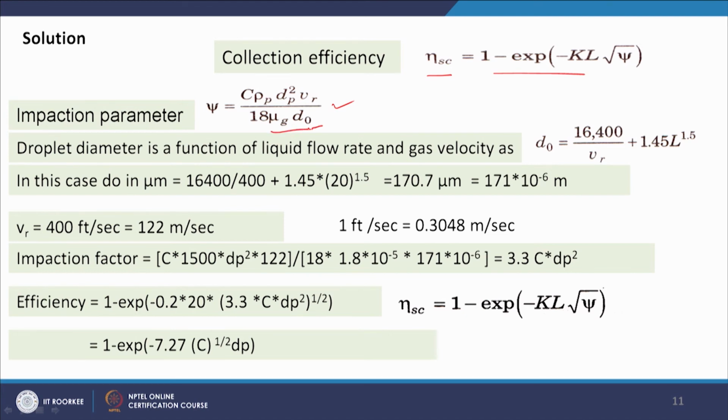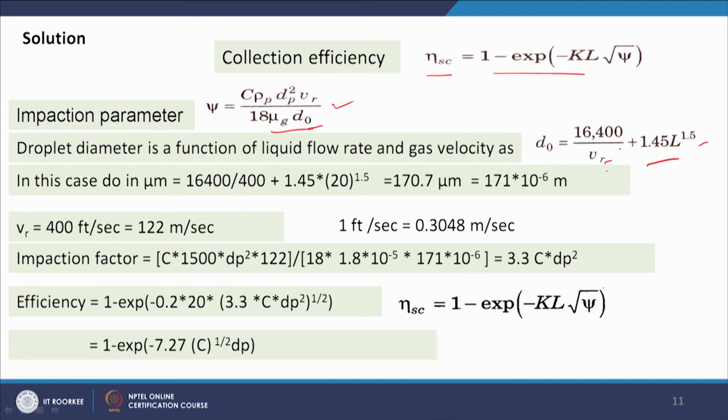So, droplet size can be determined by some expressions as given here, that is equal to 16,400 by Vr plus 1.45 L to the power 1.5, where L is nothing but the liquid flow rate, and Vr is the relative velocity in the duct.